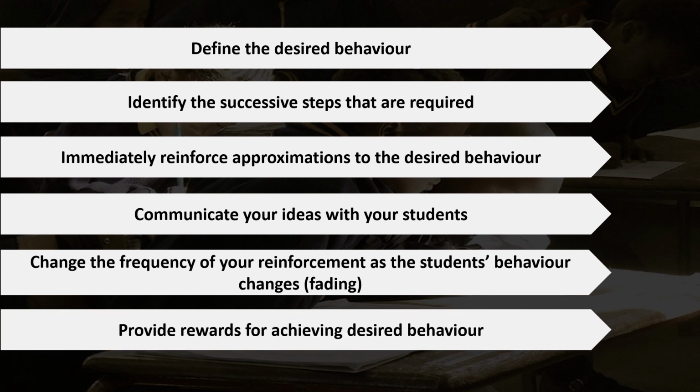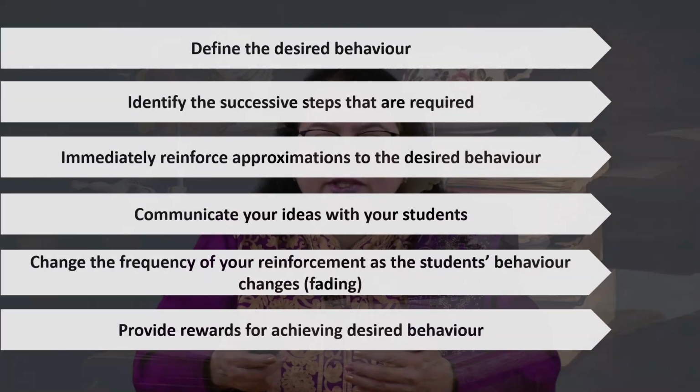So we also have to provide rewards for achieving desired behavior. And as teachers and students and as adult learners, the rewards that are acquired are when we are happily able to understand the course material, we are able to acquire grades, we are able to acquire and accumulate the degree that we are working towards.